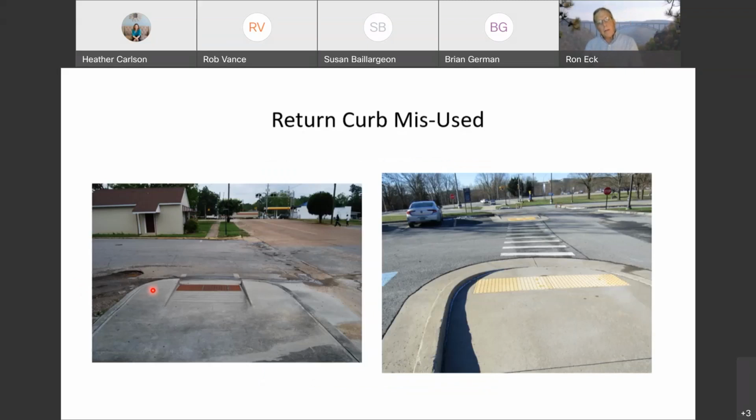And then this is the 10th and final mistake, misuse of return curbs. Notice here on the left, this sidewalk, the whole width, maybe 8 or 10 feet, is a pedestrian circulation area, pedestrian circulation path.